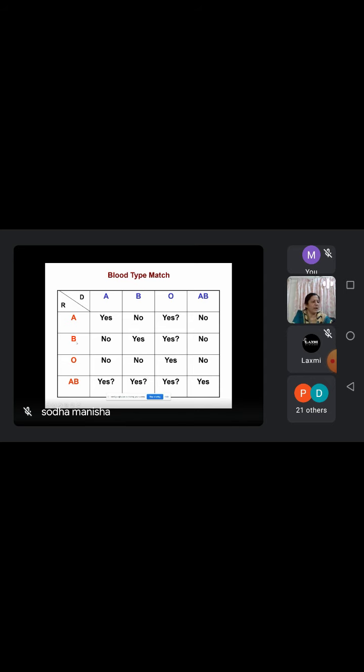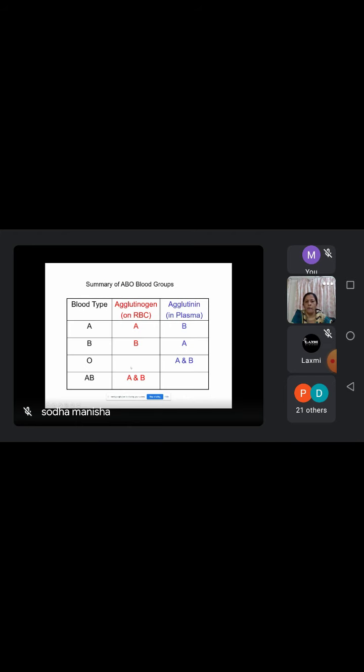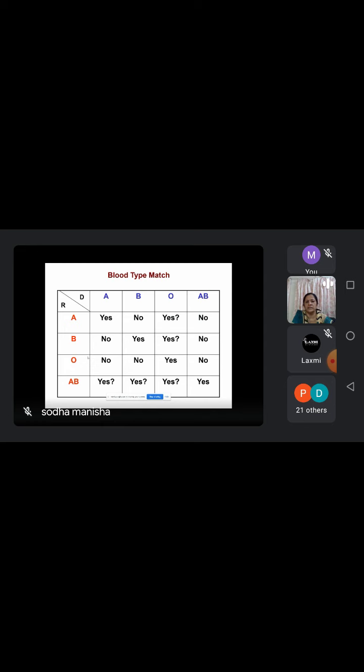Same way, a person with blood group B can be donor for B and AB. A person with blood group O can be donor for all, because a person with blood group O has no agglutinogen. That is why blood group O is known as universal donor.